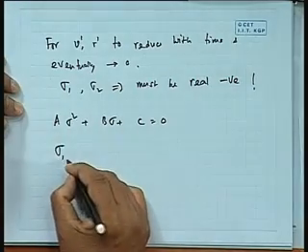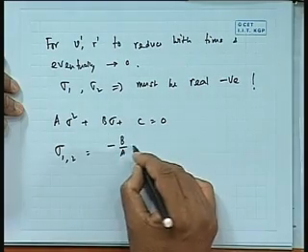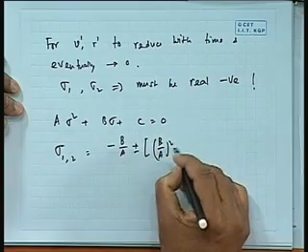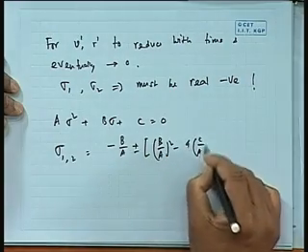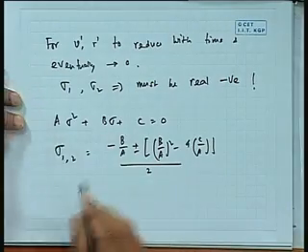See, sigma 1 and 2 is equal to minus b by a plus minus root over b square minus 4ac by 2. This everybody knows, no?